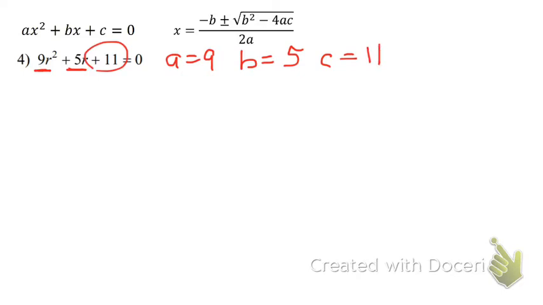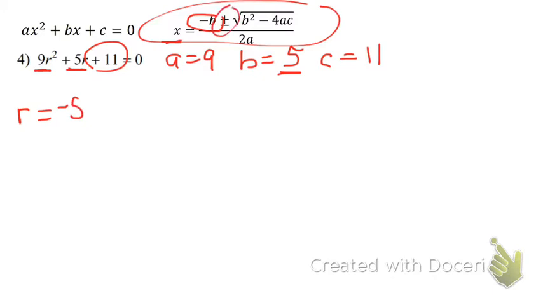Okay, now apply the formula. X equals is normally what we say, but we have an R, so R equals negative B. If B is 5, then negative B is negative 5 plus or minus the square root of B squared.